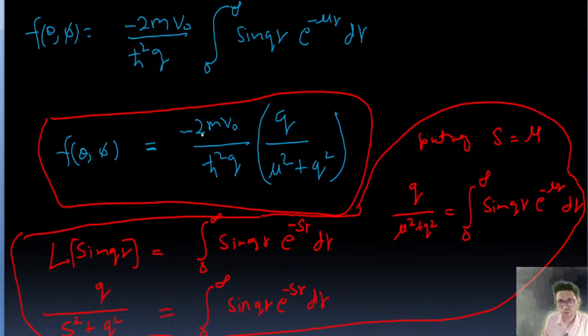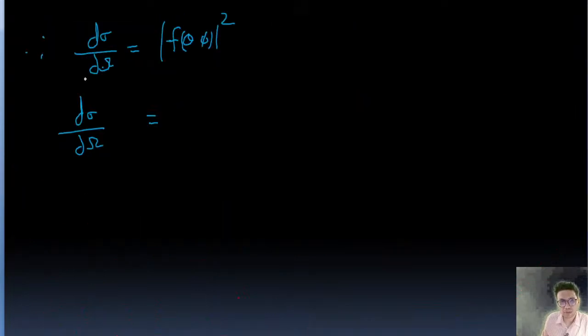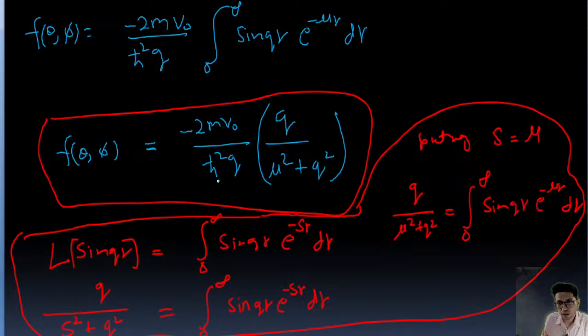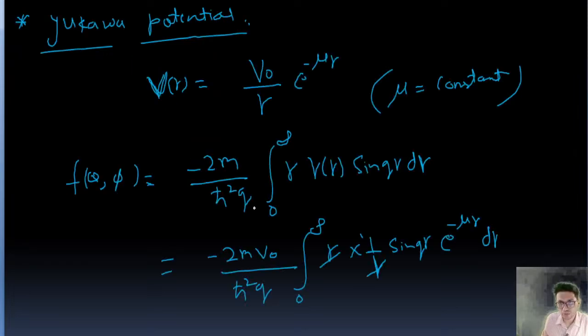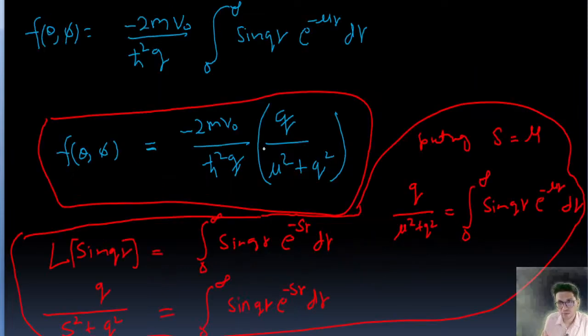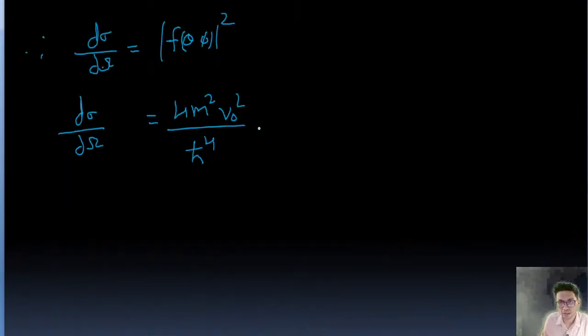This is going to be 4 m square v naught square upon h cut square, and the q will get cancelled. So this is going to be 4 m square v naught square upon h cut to the power 4, because mod square means the whole square, then mu square plus q square whole square, right?